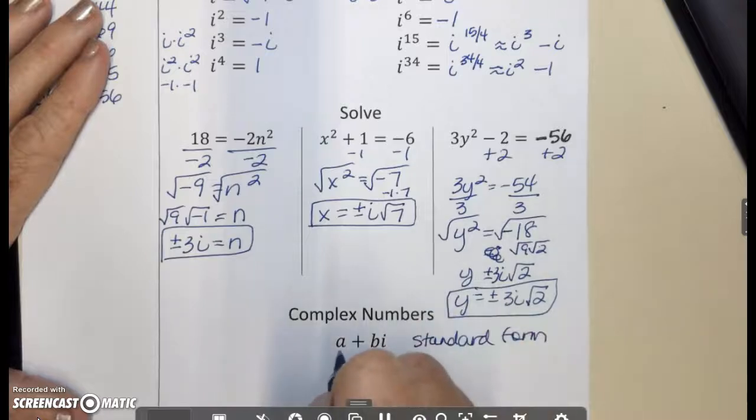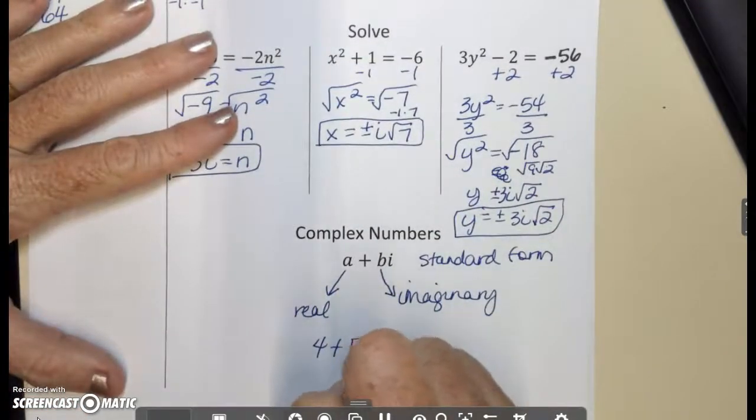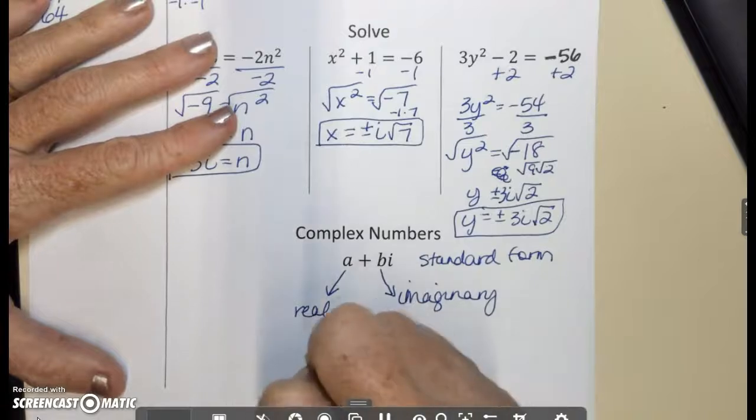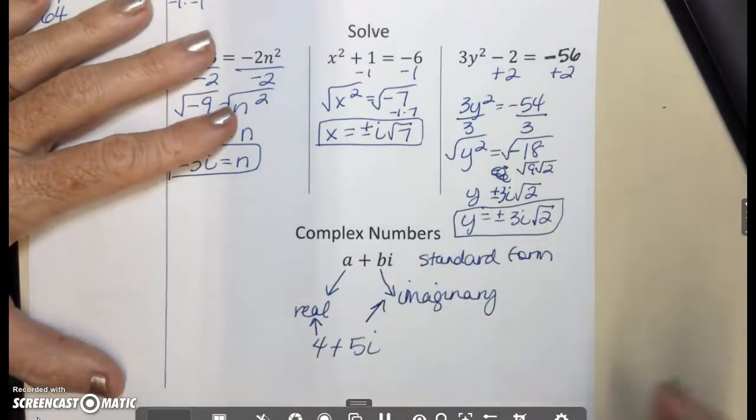The a always represents the real number, and the b term, which is always attached to the i, represents the imaginary number. Okay. So for example, if I had 4 plus 5i, 4 would be the real number, and 5i would be the imaginary number.